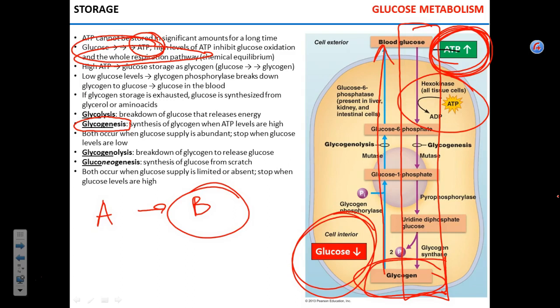So, think about this, just kind of recap. We have a lot of glucose coming in. When does it happen? After the meal, we eat something, right? So what's going to be the first chemical pathway to utilize that glucose? The first thing that's going to be done with it.